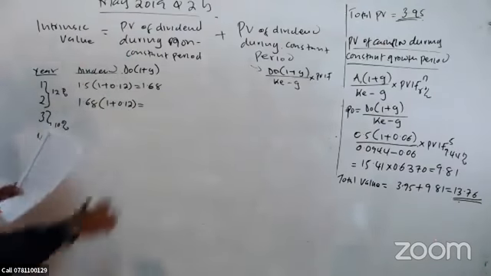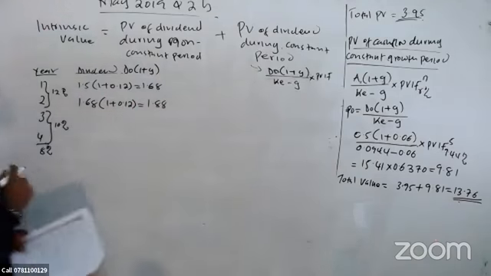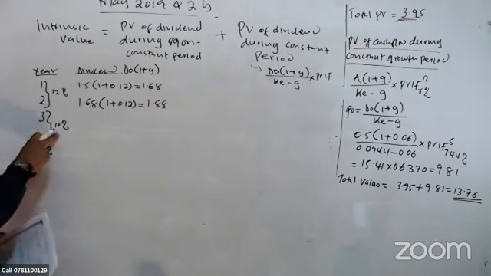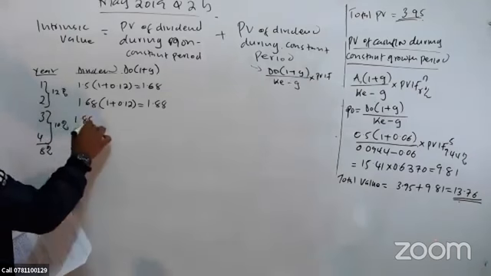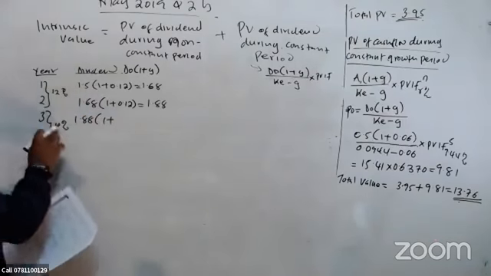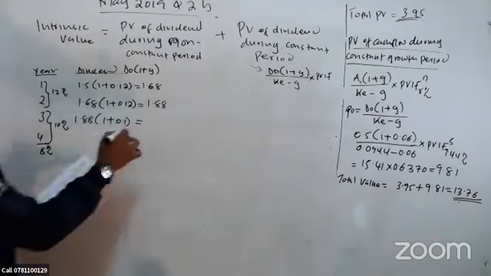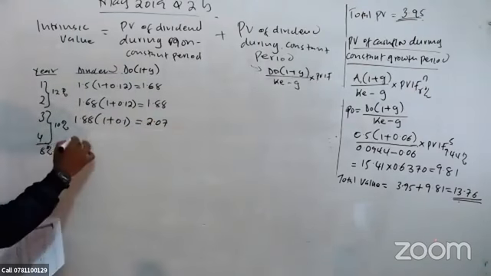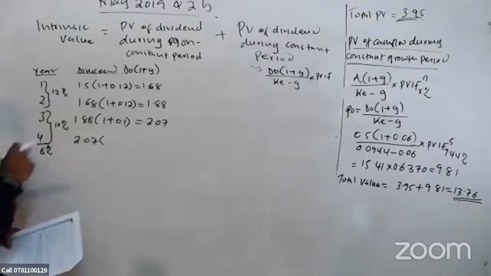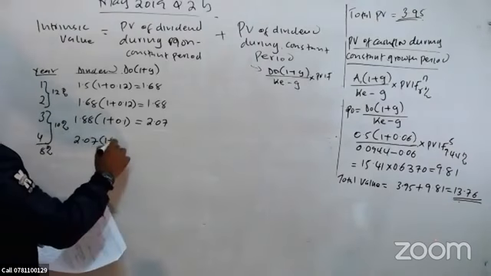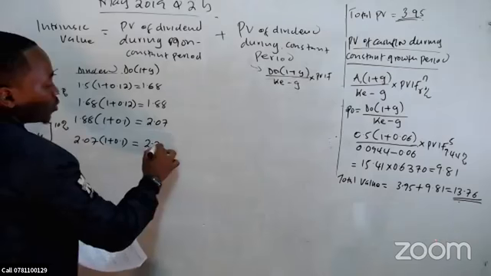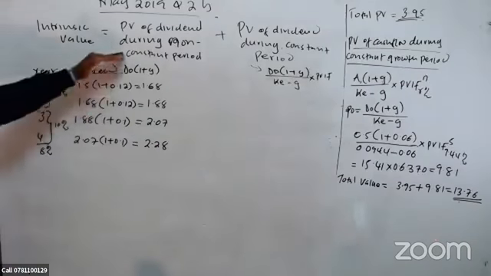In that case, you'll get 1.88. From year 3 to year 4, the growth rate would go down to 10%. So you'll take 1.88 times 1 plus 0.1. In that case, you'll get 2.07. And then you take 2.07 to grow at another 10%, 1 plus 0.1. In that case, you'll get 2.28. Now, those are the values of the dividends.